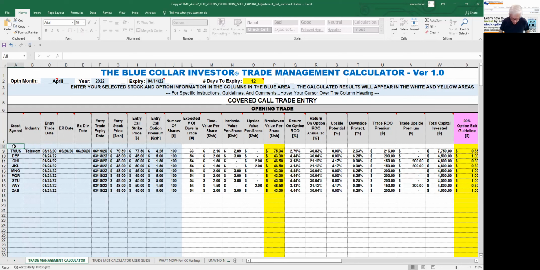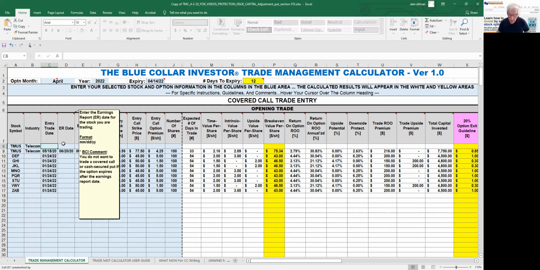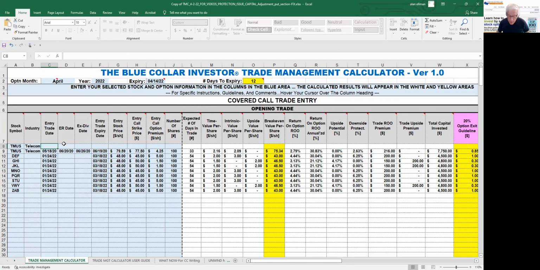So here we go. TMUS over here. You can put in the industry. The trade date was 5/18, that stays the same. 2020. Earnings report date 6/20. Ex-dividend date 6/26.